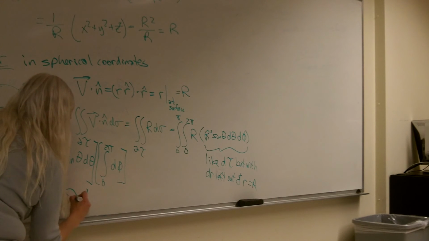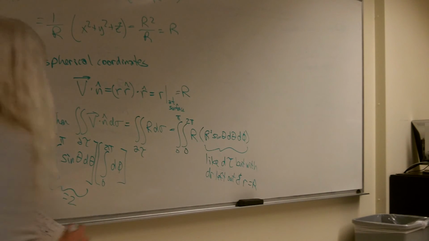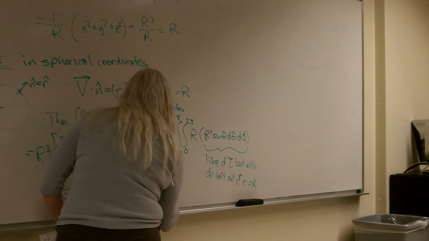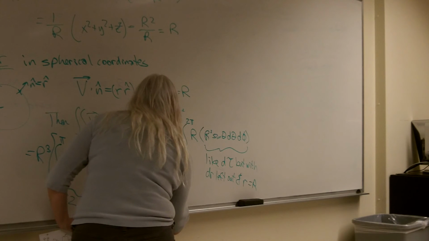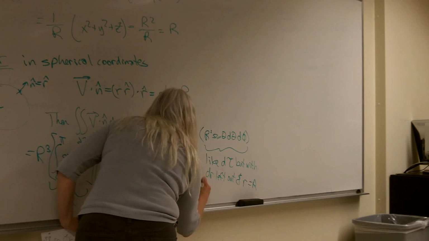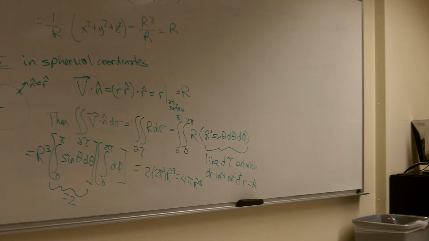This one right here is equal to 2. I'll let you double check that. So the bottom line, right, we've got 2 times 2 pi times r cubed, or in other words, 4 pi r cubed is our answer. Okay?